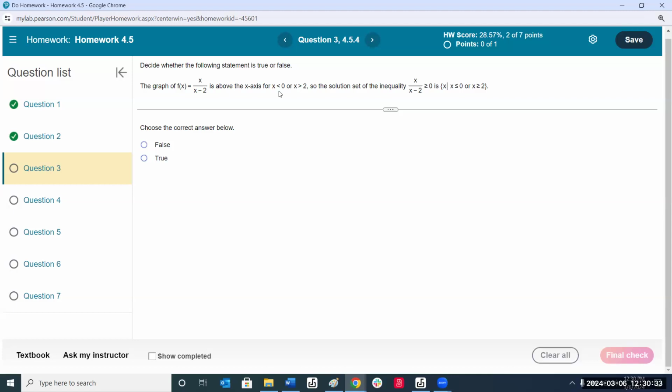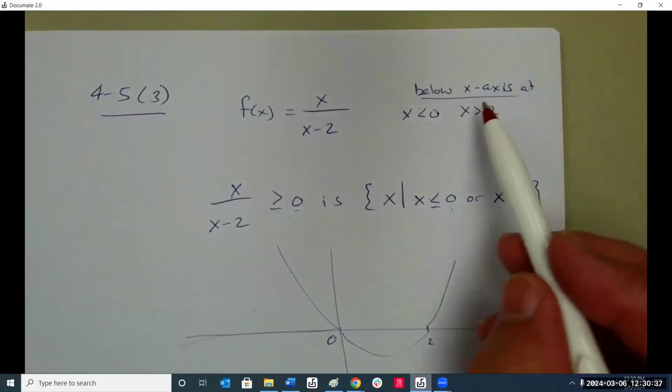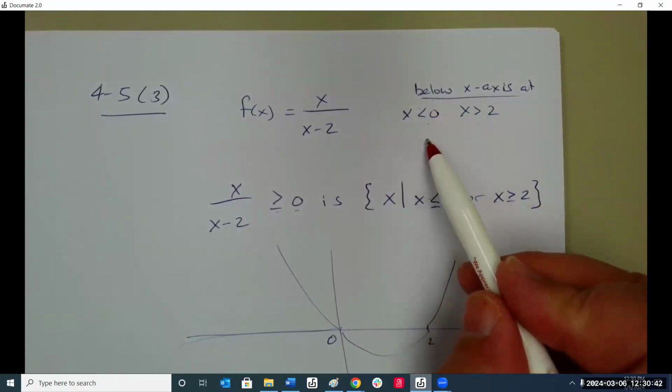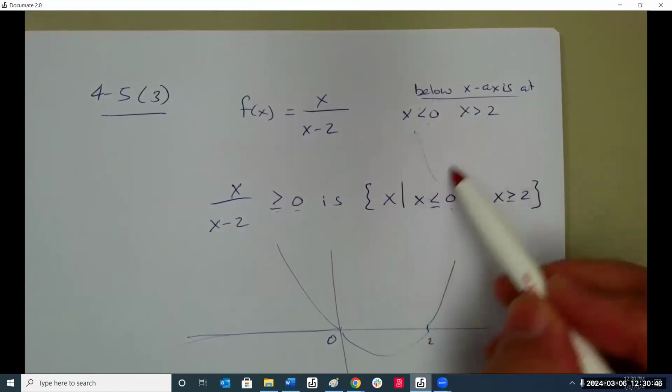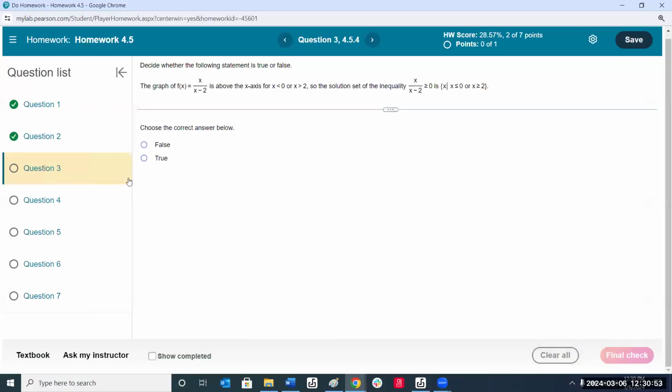Yes. Oh, I'm sorry. They're saying here that the graph is below when x is less than 0. Yeah, so these are the same things. This is not true. This is above the x-axis. So yes, you're saying it's false.